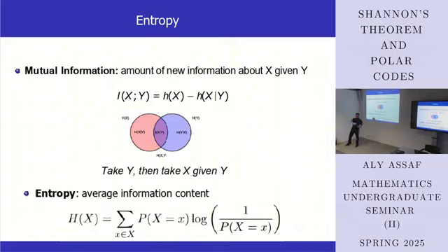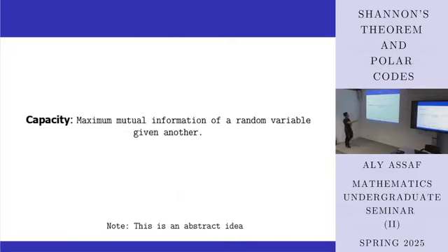Given that I observe Y, how much information do I know about X? This brings us to the idea of capacity. Okay, capacity is the maximum amount of information I can get out of my output Y that'll tell me about X.